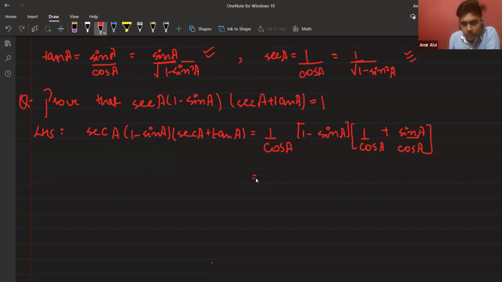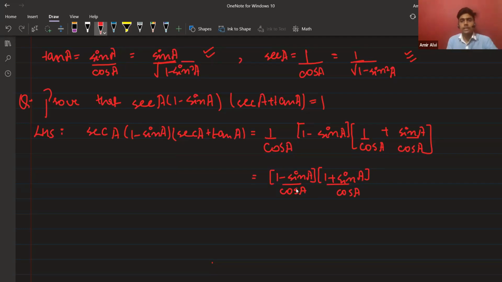Very good. Now (1 minus sin A) upon cos A, times (1 plus sin A) upon cos A. I'm directly writing it because the denominators of both are the same, right?